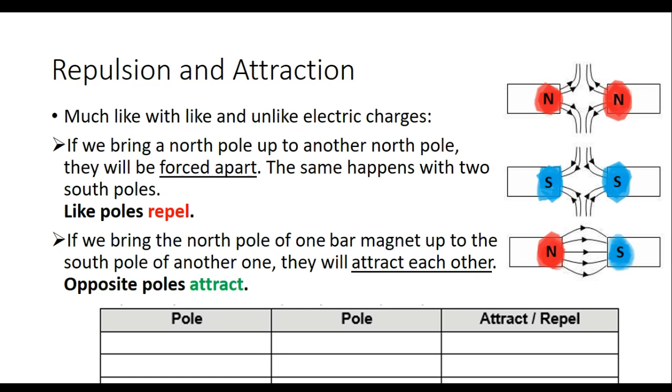As I've said before, we will talk about magnetic fields. You can see on the diagram on the right the images of the magnetic fields and what they look like when the magnets are either repelling or attracting. I would like you to replicate the diagram on the left in your notes page on page 13.